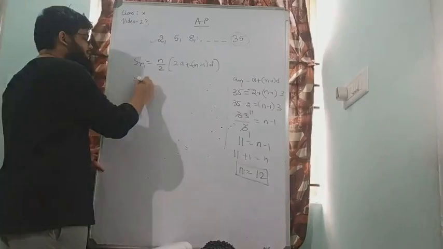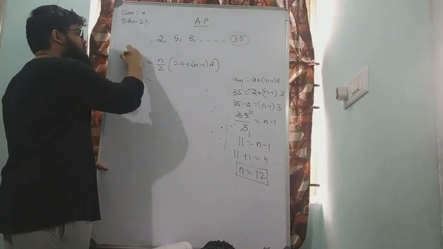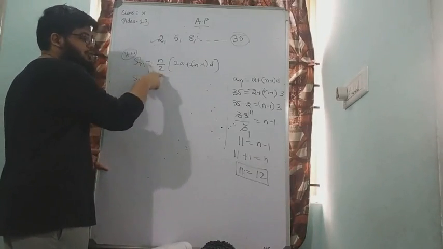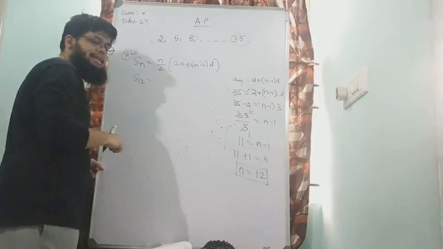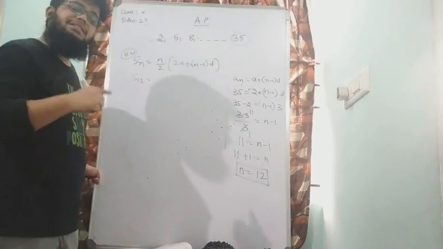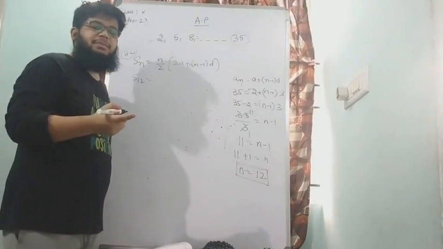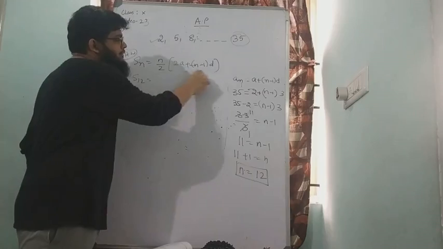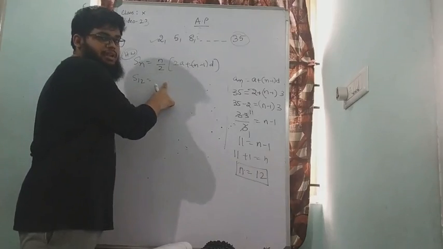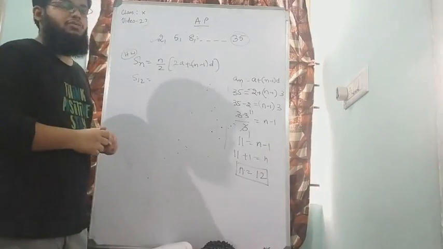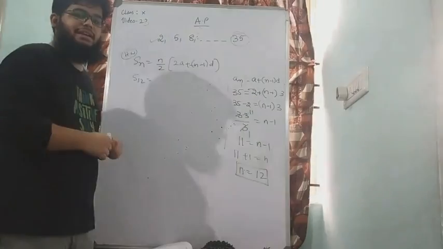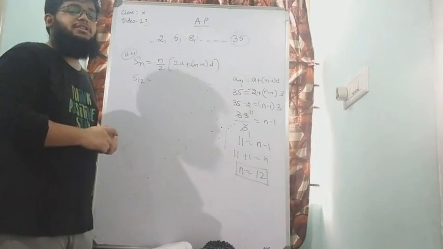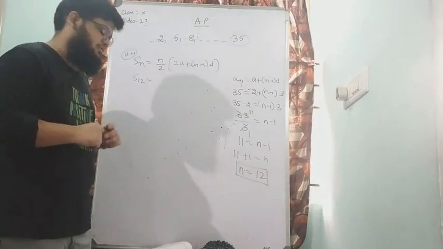For S12, if you want, you can try this as homework by making use of this formula instead of the shorter one, and you still get the same answer. Okay. But using the shorter formula is only convenient because the last term is present and you don't have to do so much here. So it's up to you. You can also make use of this formula or the shorter one that I explained if the last term is given. Remember that the shorter formula can be used only if the last term is given.